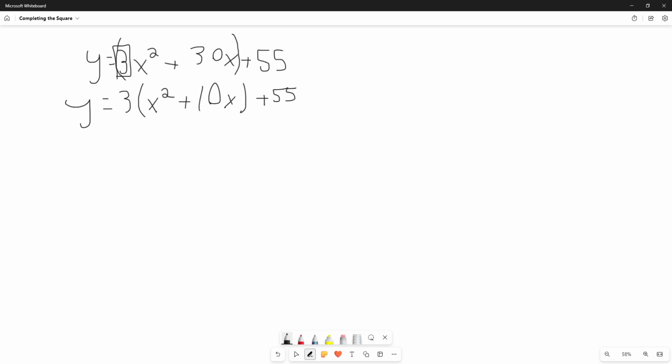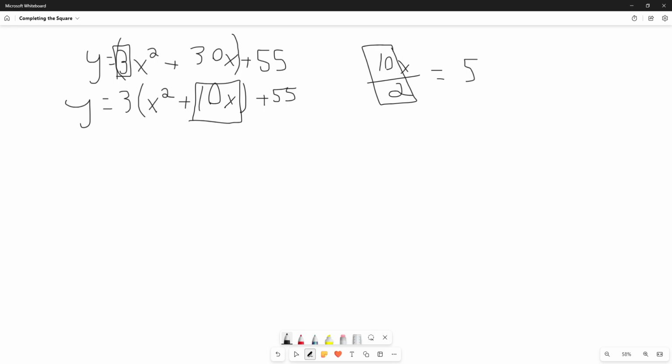From here, what we'll have to do is take the second term and divide it by 2, so 10x divided by 2 is 5. We're just working with the 10 here, not with the x.